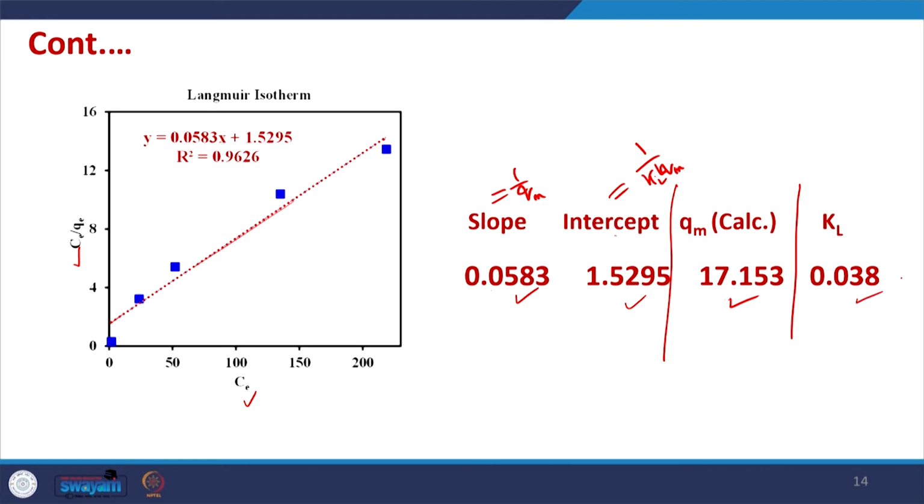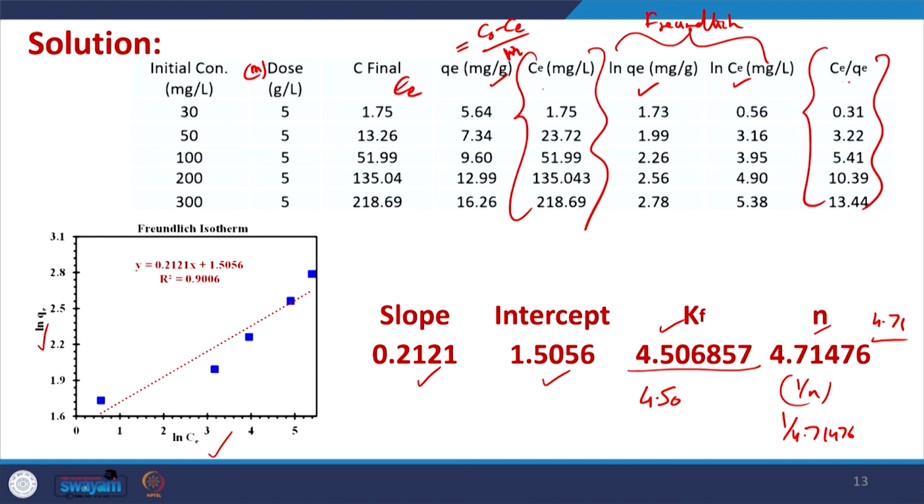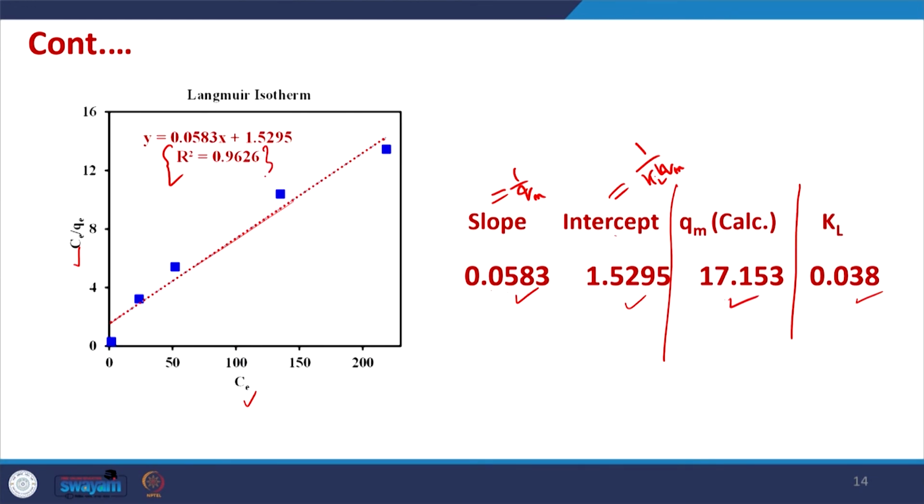So, through these equations we can find out different parameters, and then we can start using this equation to represent the data. What we have to do is cross-check the value of R square. We can see here that the R square is better for the Langmuir isotherm.